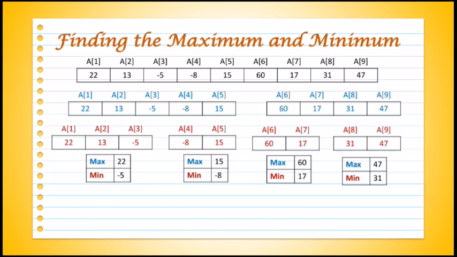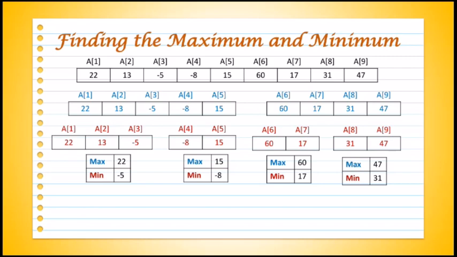From the first three elements, that is 22, 13 and -5, 22 is the maximum value and -5 is the minimum value. Now we will take the first array's solution and the second array's solution, the first starting from first to third, and the second starting from fourth to fifth. Between 22 and 15, 22 is the maximum value, and between -5 and -8, -8 is the minimum value.